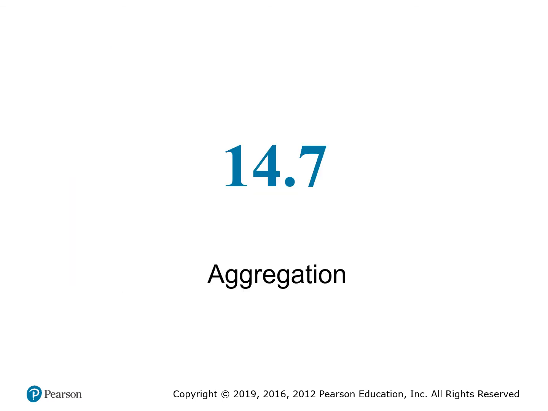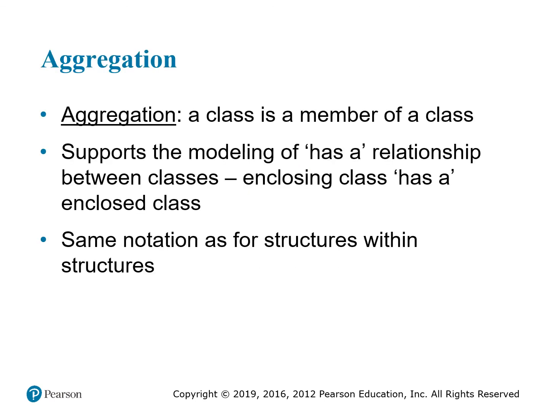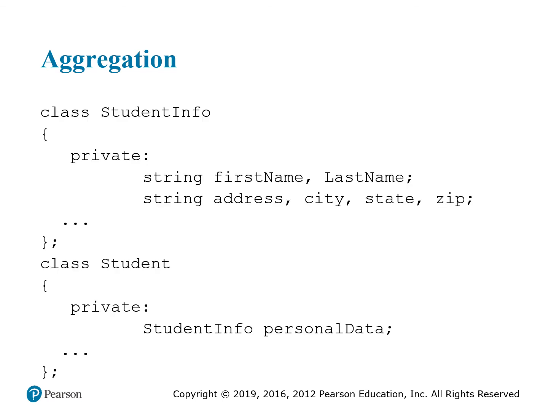Okay, last but not least, there is a technique called aggregation, which is where a class can be a member of another class. Just as we had structs that could contain other structs, we can have classes that contain other classes. And it's the same notation as for structures within structures.